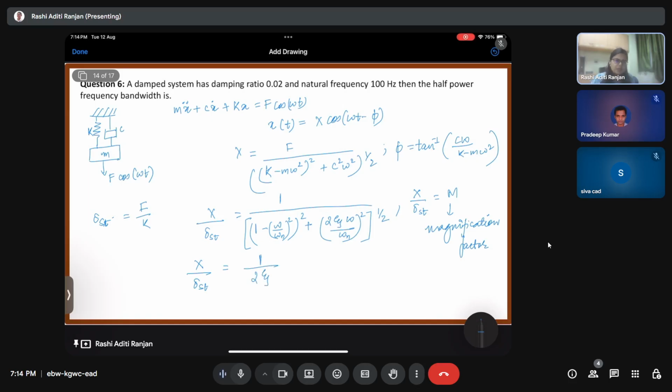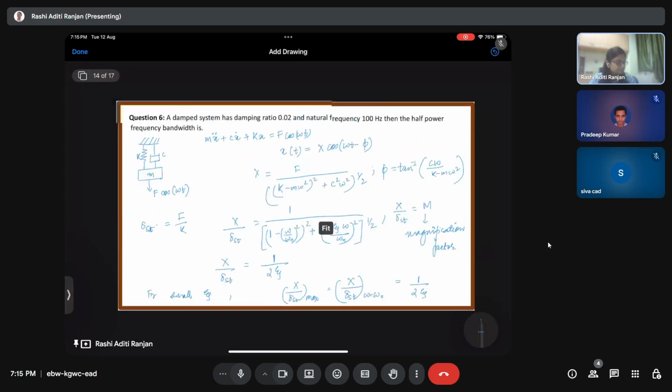So from this relation we say that for small η, the maximum value of this magnification factor occurs when ω is equal to ωn, at the natural frequency, which turns out to be nothing but 1 by 2η.